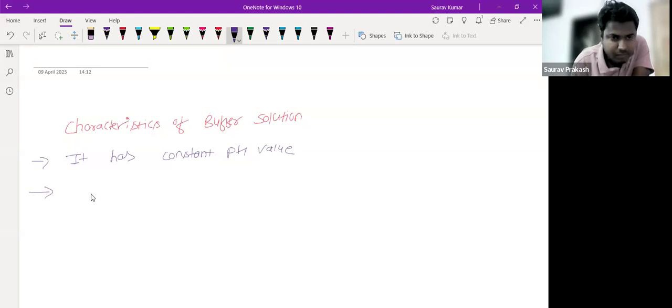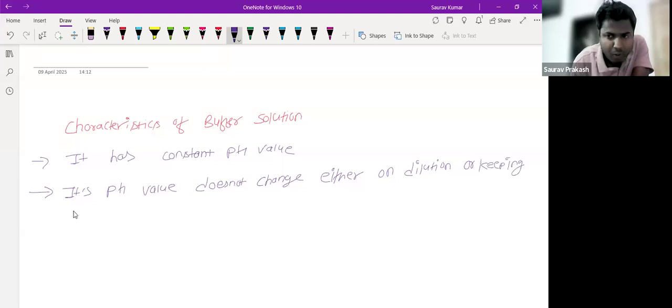Second: its pH value does not change either on dilution or on keeping for a long time.